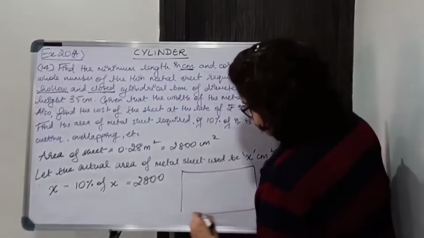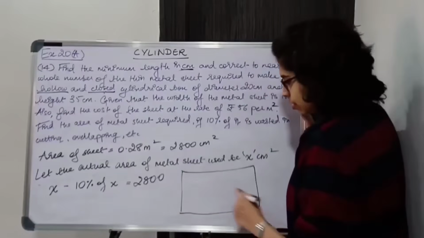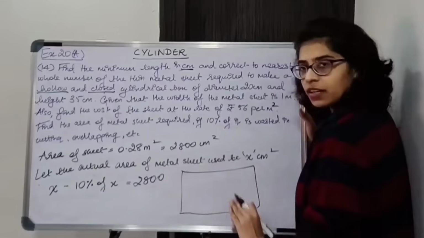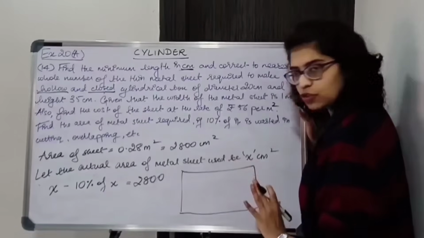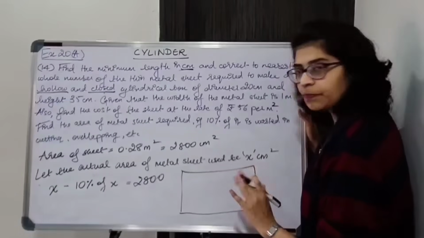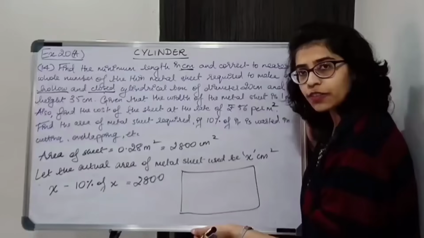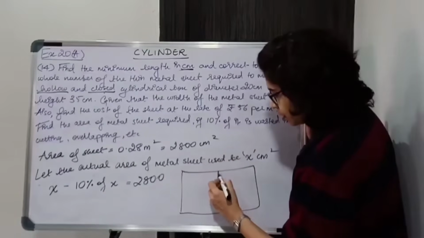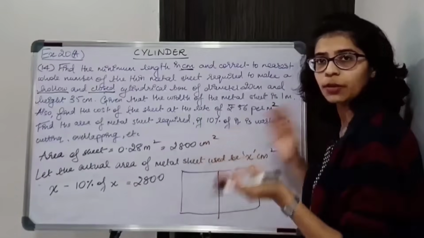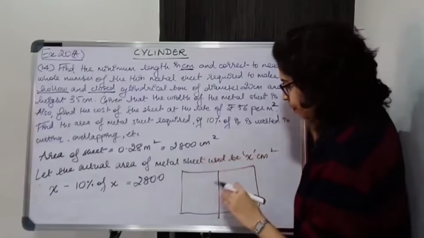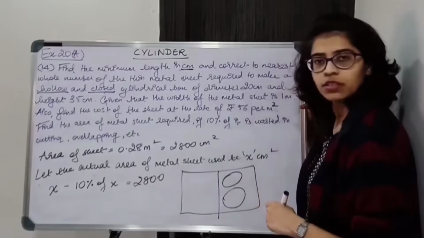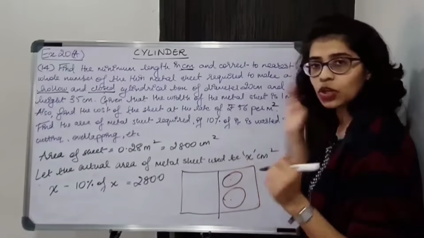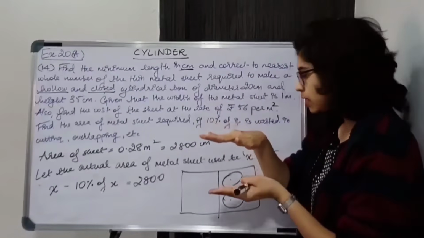So let me explain it to you once again. Let's say ये पूरा x वाला area वाला sheet है, ठीक है. The area of this sheet is x centimeter square and 10% of it is wasted. This much we use for the circular part, ठीक है, curved surface area. Rest of them you use for the cylinder को cover करने के लिए, for making the closed cylinder.